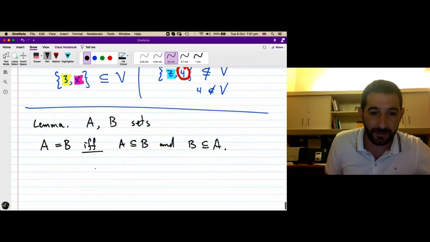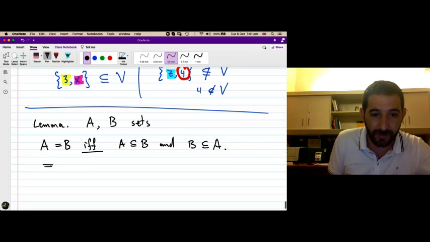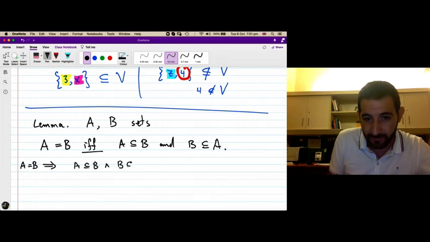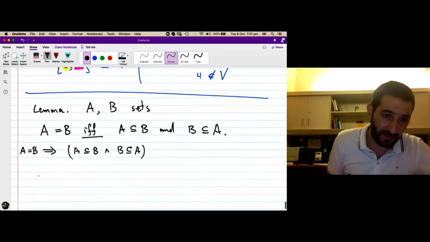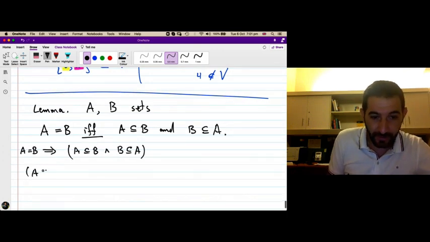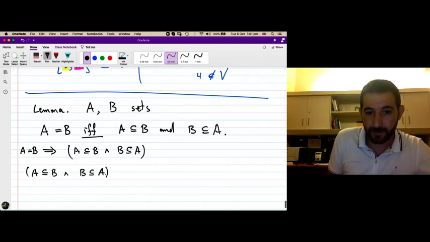It's a biconditional statement. You need to prove the forward direction, which means if A is equal to B, then A is a subset of B and B is a subset of A. And you need to prove the reverse direction, that is, if A is a subset of B and B is a subset of A, then A is equal to B.